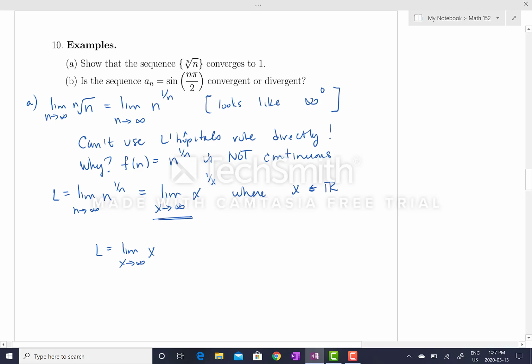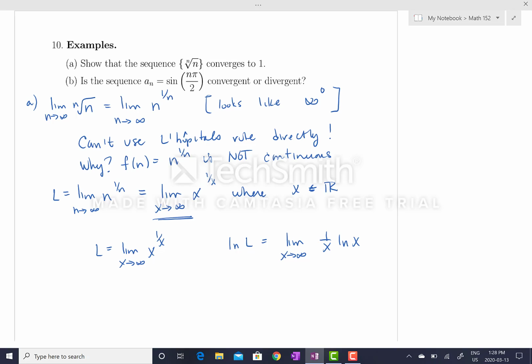And when I see a variable in the exponent, I immediately think, wouldn't it be nice to get that out of the exponent? How will I do that? I will use the logarithm function. So I'll take the log of the limit, and that's going to be the limit as x goes to infinity of 1 over x times log x, because the log function allows me to bring down the exponent in front of the log function.